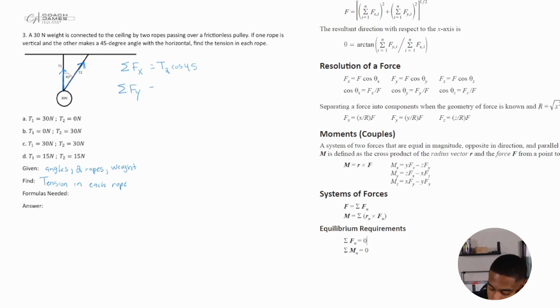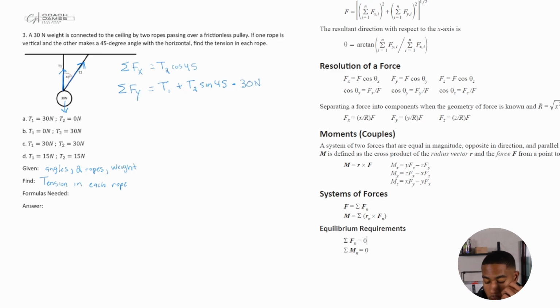Okay, so this is equal to T1 plus T2 sine 45, and then we got this force come down minus 30 newtons.